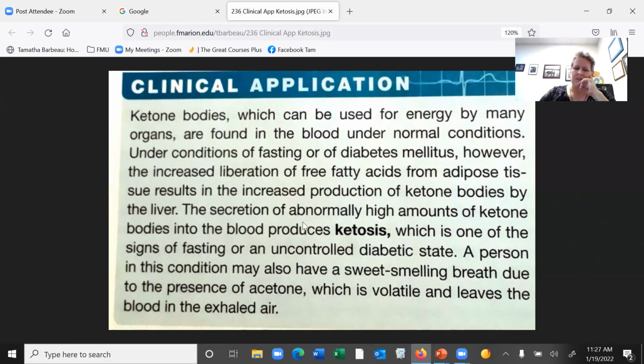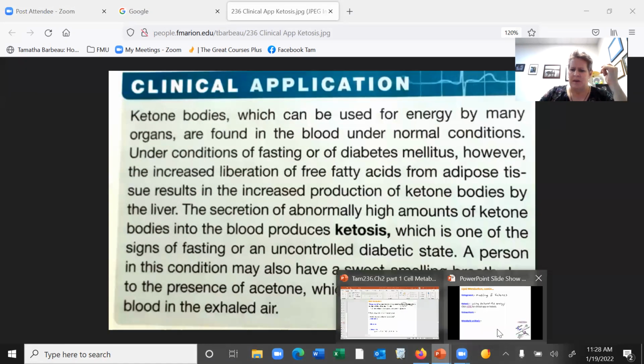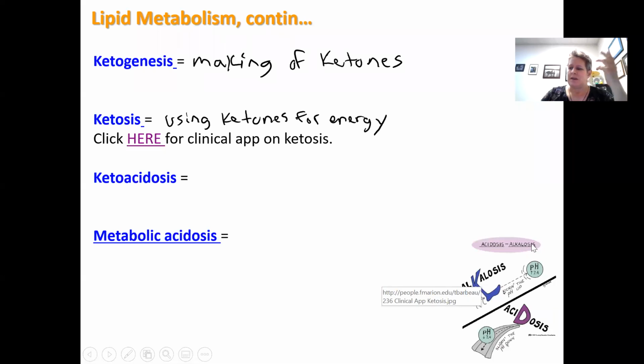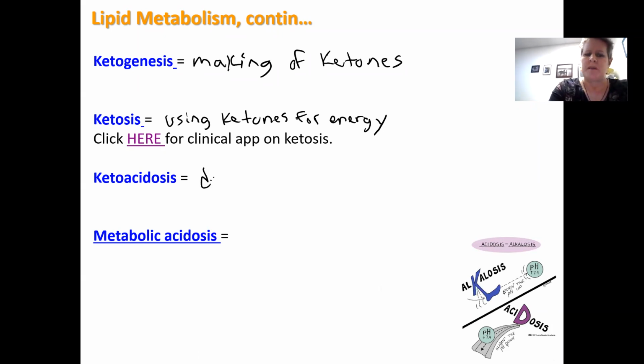Abnormally high amounts of ketones in the blood is ketosis. Now, ketosis is not good, because it causes your blood to become acidic. Ketones are acidic. So ketoacidosis is the drop in blood pH from ketosis.